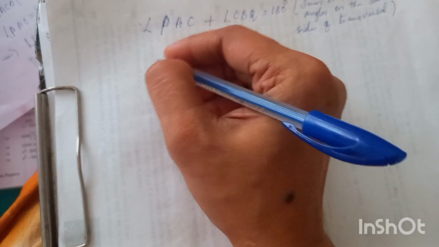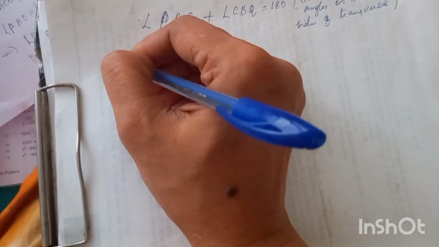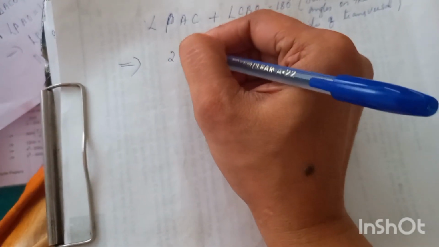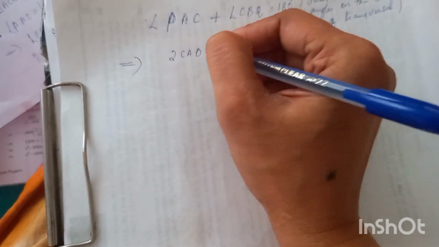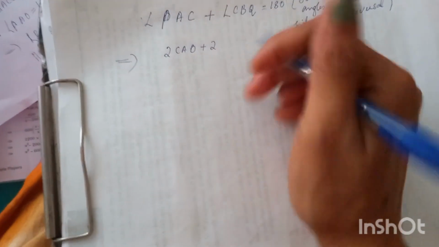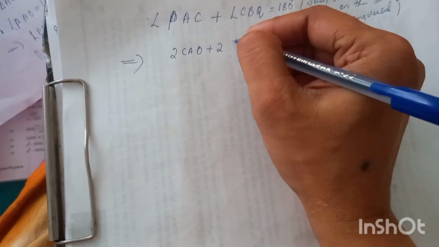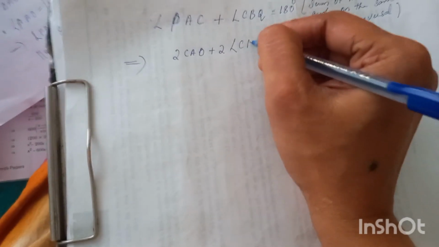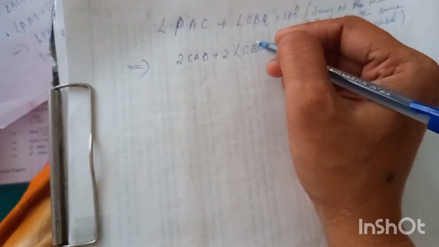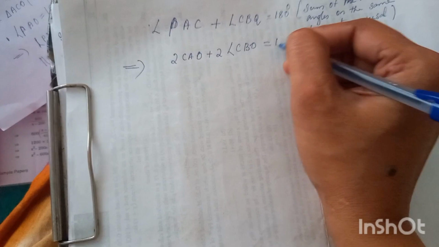Then, which implies PAC we can write 2 times CAO plus CBQ we can write 2 angle CBO is equal to 180 degrees.